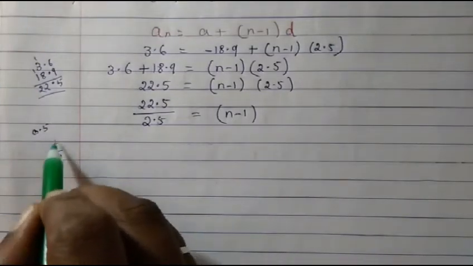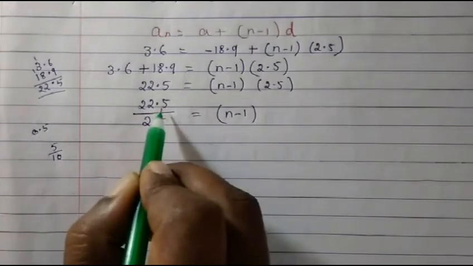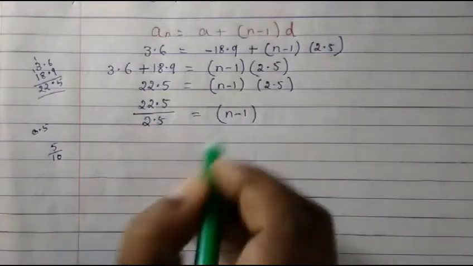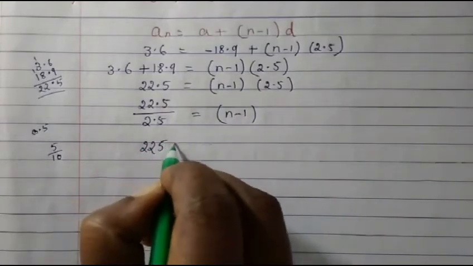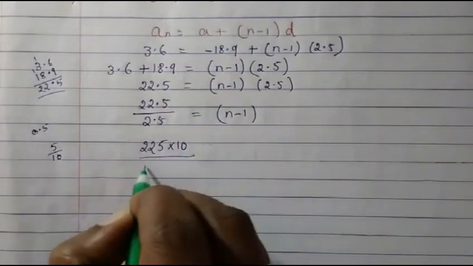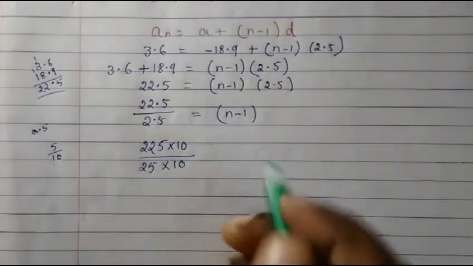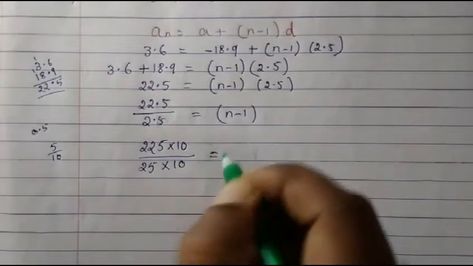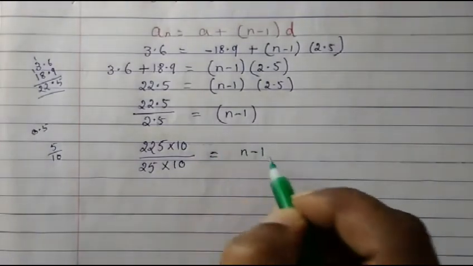That's how we do, right? So same way, so after decimal 1 digit, so we have to multiply by 10 both the sides. So when we remove the decimal, we will get 225 into 10, and here 5 into 10. Okay. So then here n minus 1.